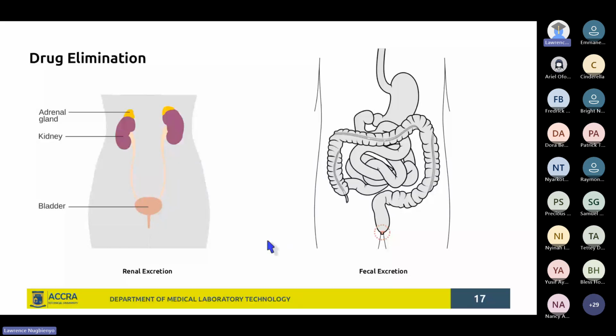You have drug substances in the digestive system that can get excreted with stool.